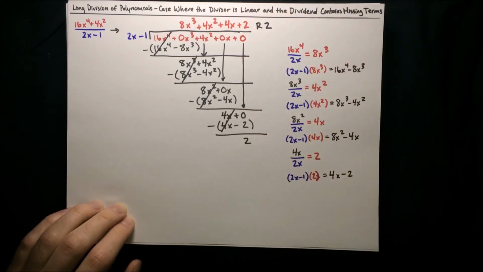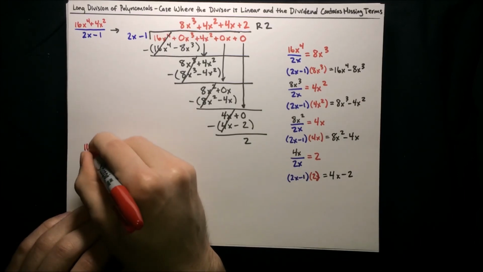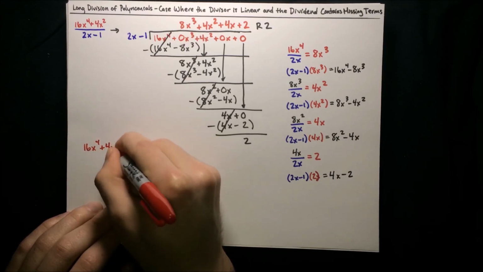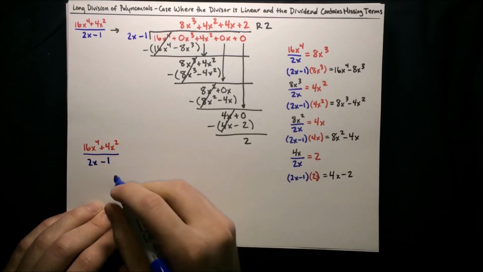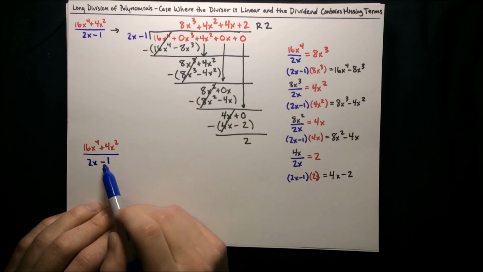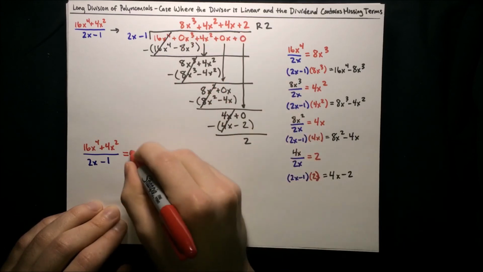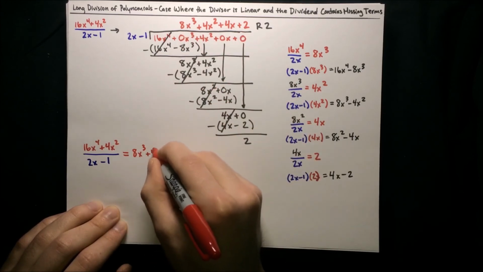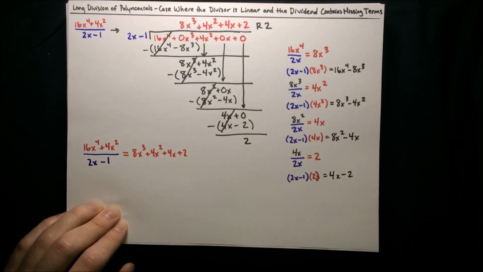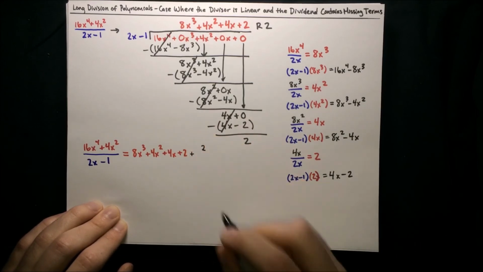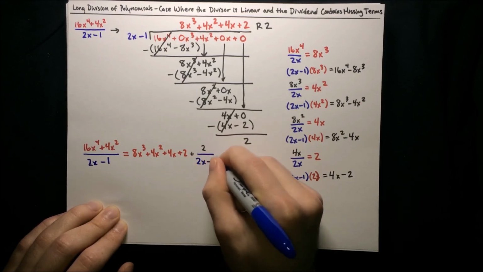Okay, so now we can go ahead and collect our results. So the result was that our original division problem, 16x to the fourth plus 4x squared divided by 2x minus 1, that fraction of the dividend divided by the divisor is going to be equal to the quotient, which we have up here, 8x to the third plus 4x squared plus 4x plus 2, and then plus our remainder, plus 2, and the remainder is divided by the original divisor, so 2 over 2x minus 1.